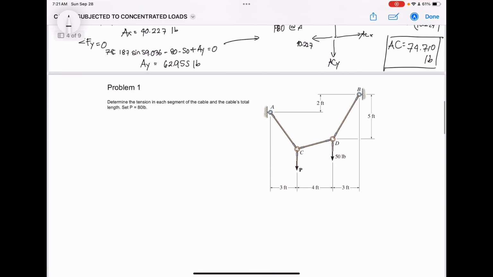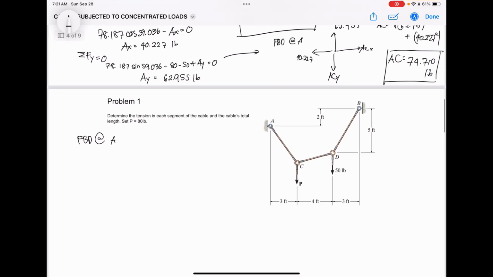So moving on, draw ulit natin sa FBD. Have ACX, ACY, AX, and AY. We have AC. Pero hindi natin alam ang angle AC, di ba?